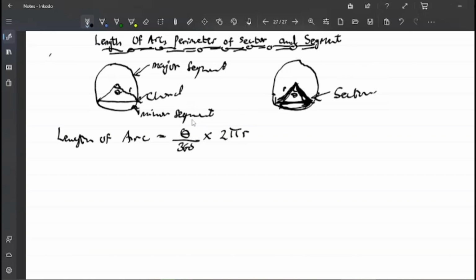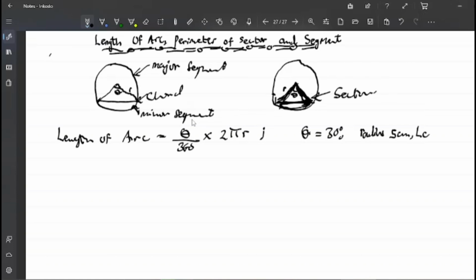For example, we have this question: an arc of a circle subtends an angle of 30 degrees at the center of a circle of radius 5 centimeters. What is the length of the arc?